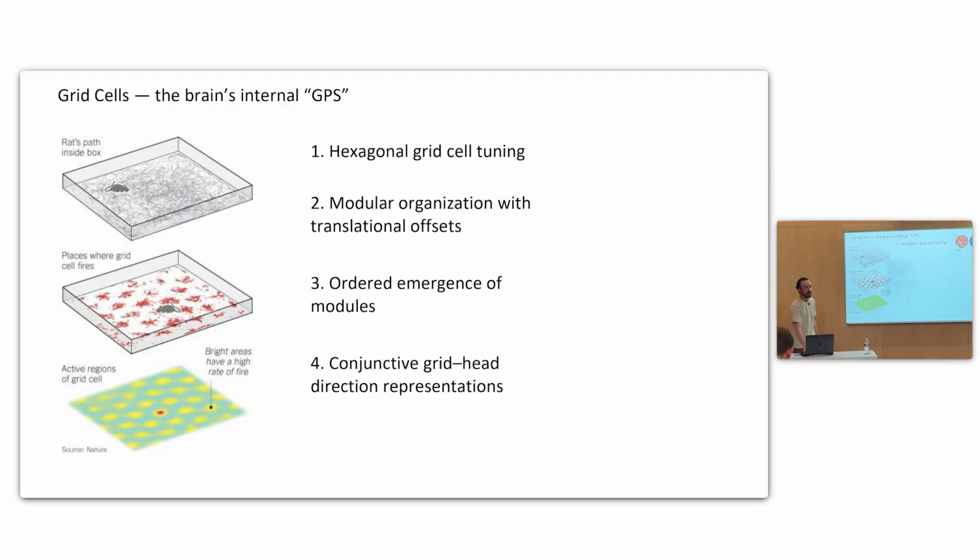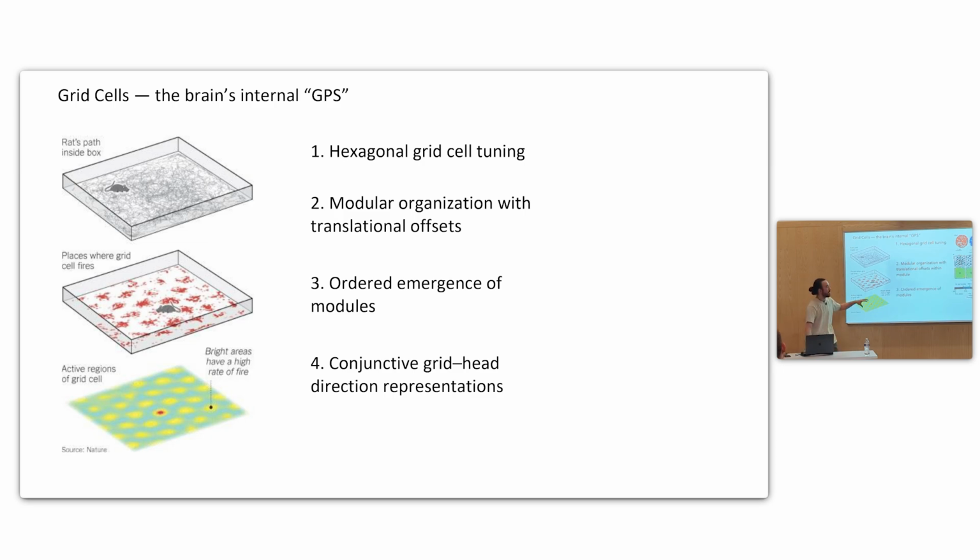I'm not an expert in this at all. Will is, but there are these hexagonal grid cells. They're tuned in this way where it's as if there's a hexagonal coordinate system over the arena. They come up in this modular structure with different modules of different resolutions.